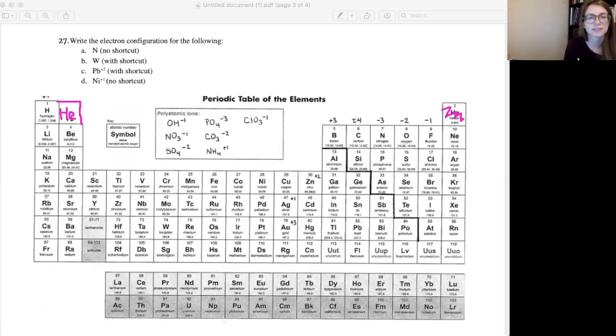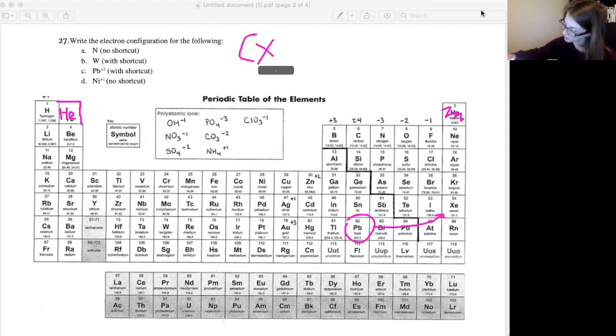Okay, for part C, lead +2 with a shortcut. Lead is all the way down at the bottom. Not all the way down, I guess. The shortcut, the noble gas before it is xenon, so we'd start with xenon. And I'm actually going to write out just lead, not +2, and then we'll deal with what that +2 does to it.